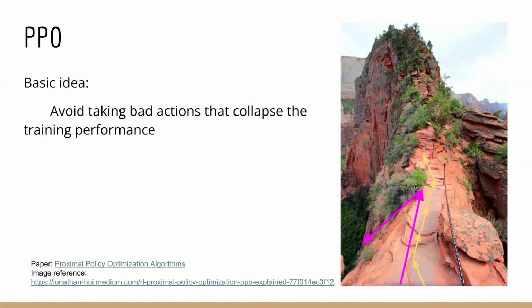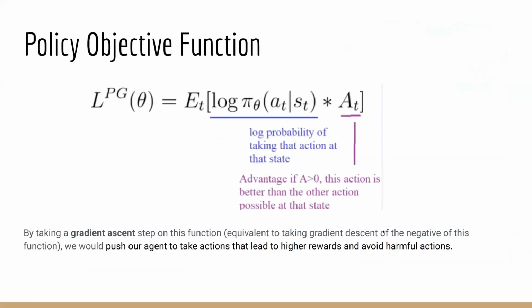However, the problem of this method is that if you take a very large step, the algorithm is not going to be very stable, and there's a possibility that you're going to step off a very steep cliff, and then you'll just go downhill and you'll never come back, and the model will not converge. So that's why we need to control the actions we make and the change.